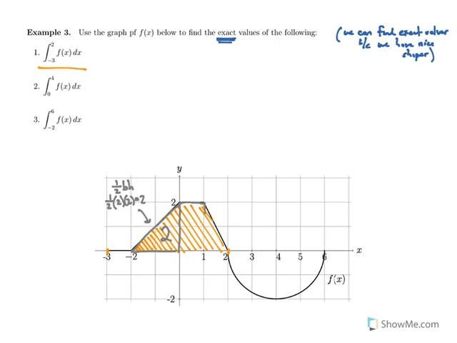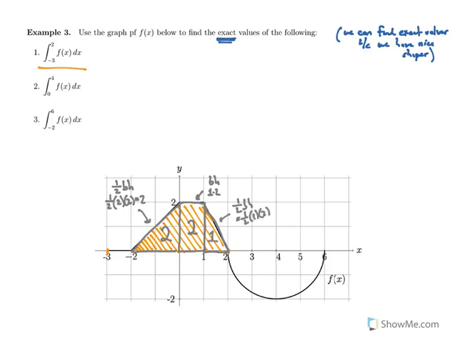Then let's deal with maybe this rectangle. Its area is just going to be base times height, which is going to be 1 times 2. That has an area of 2. And then finally, this triangle right here is going to be 1/2 base times height. 1/2 base is 1, height is 2.